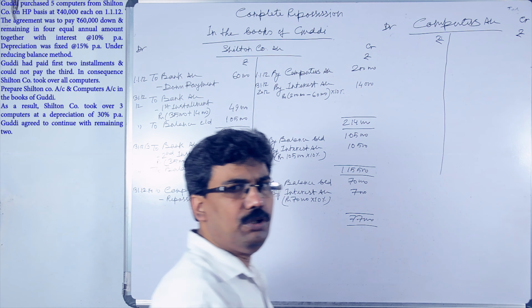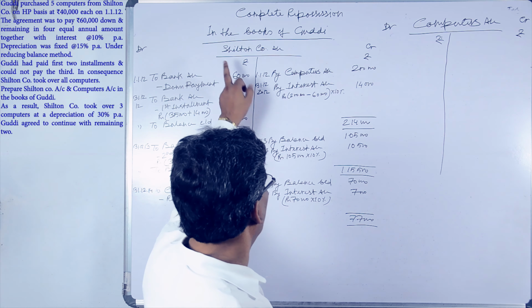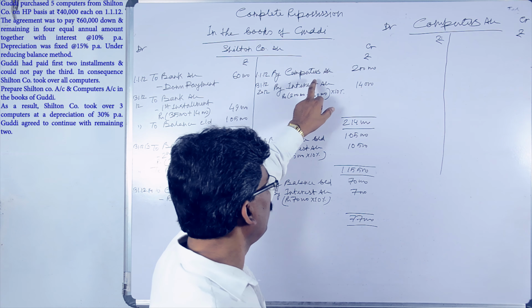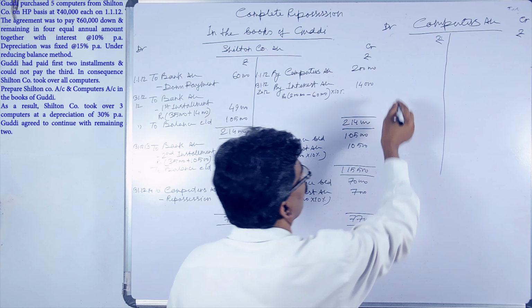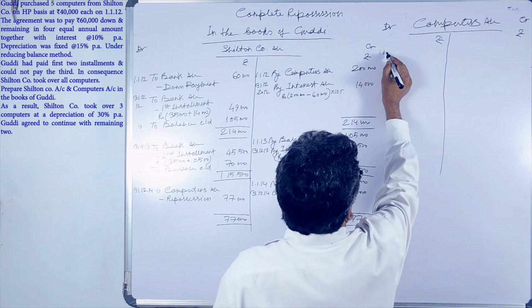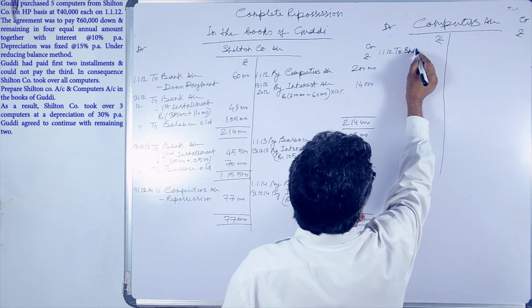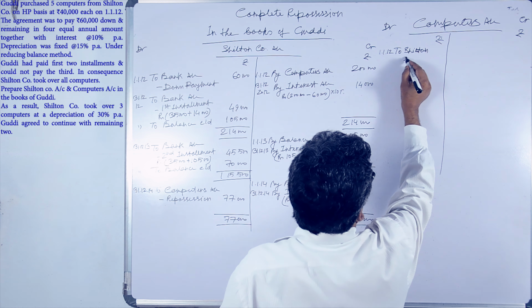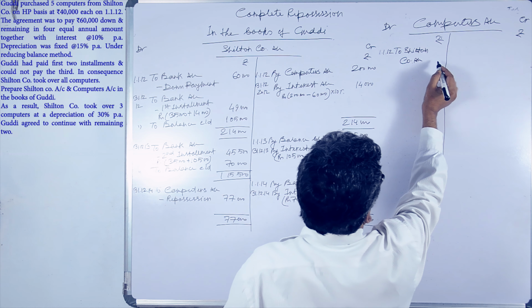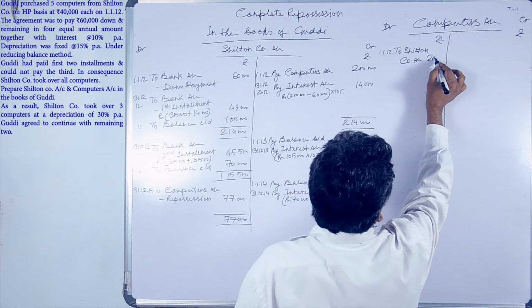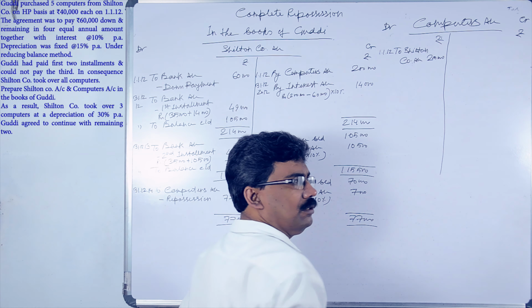Okay, the asset is computed and first entry on 1/1/2012 we wrote by computer in Shilton Company. Therefore, out here it will be on 1/1/2012 to Shilton Company account and it is 2 lakh. It is purchased at rupees 2 lakh.